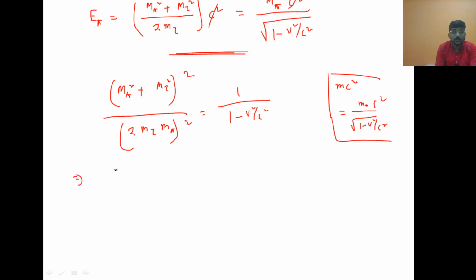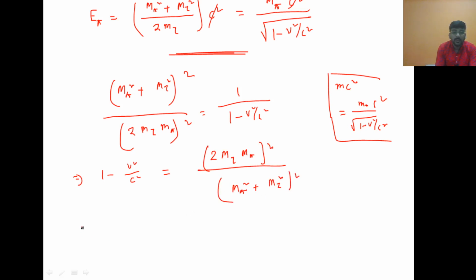So 1 minus v square by c square is equal to twice m tau into m pi, whole square, divided by m pi square plus m tau square, whole square.